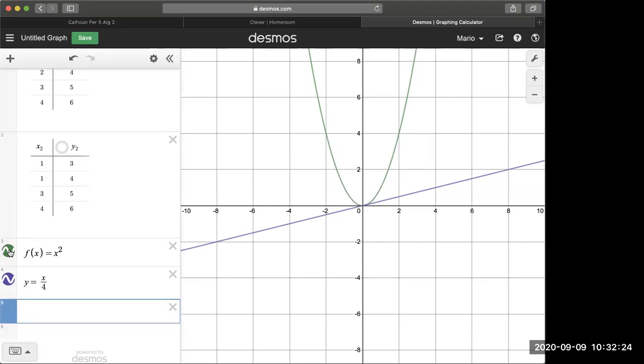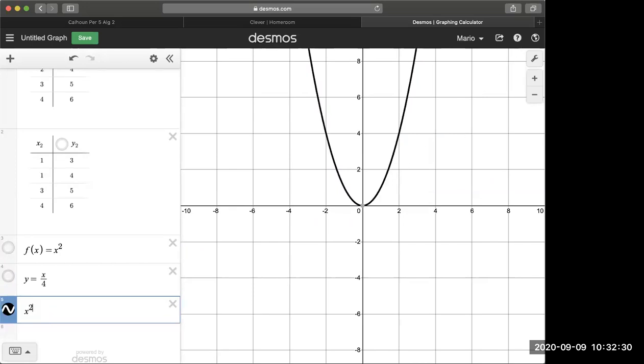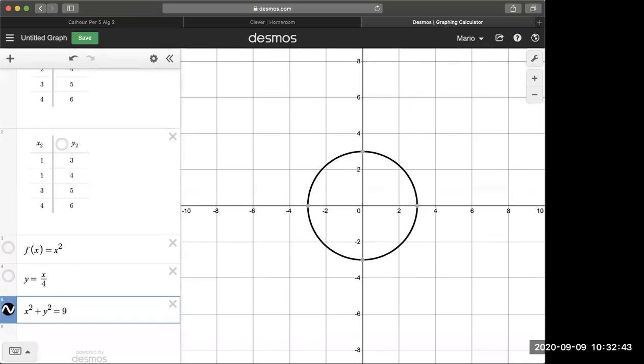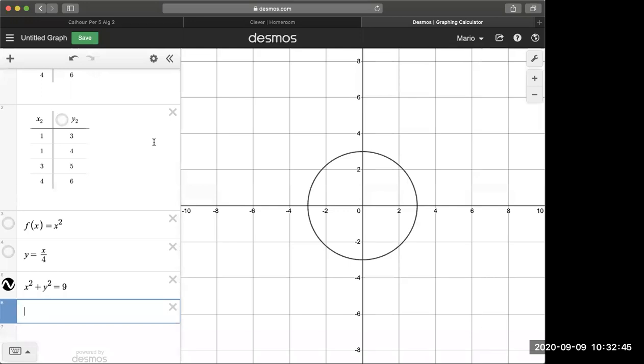Now, a time when you would not have a function, let's say x squared plus y squared equals 9. This is not a function.